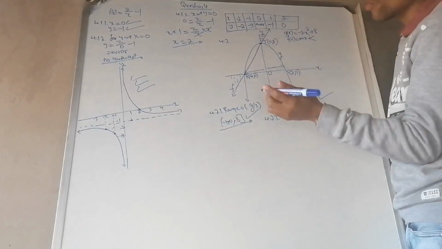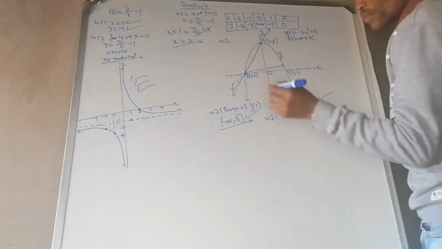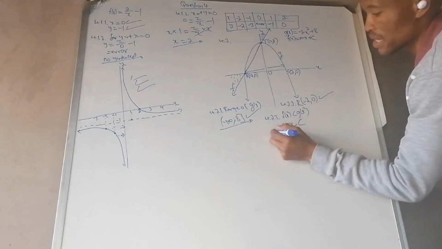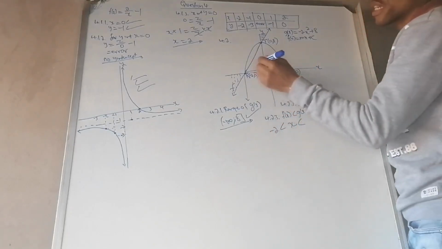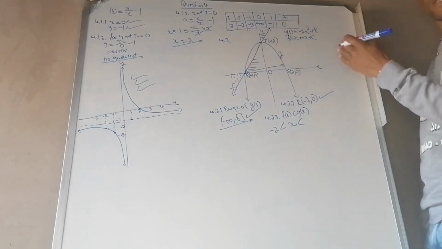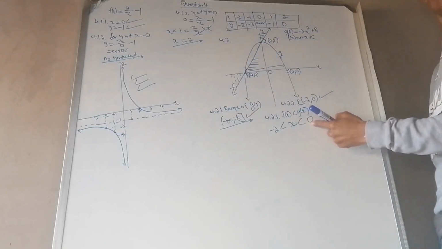Now let's look at the values here. It is from minus 2 to 0. x must be greater than minus 2. The values greater than minus 2 are minus 1 and so on, bigger than minus 2 until 0.